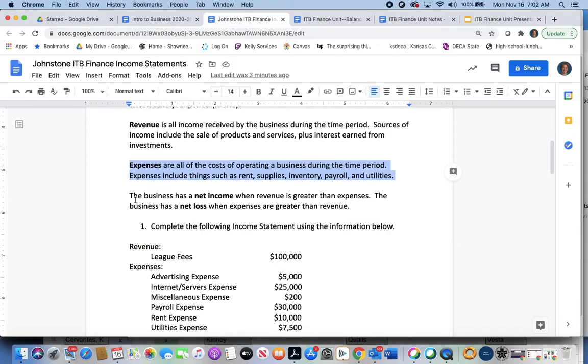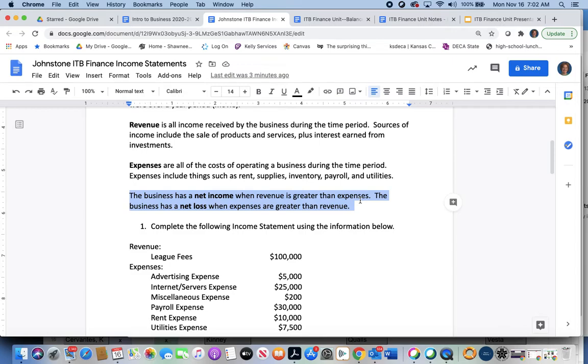The business has a net income when revenue is greater than expenses, and the business has a net loss when expenses are greater than revenue.